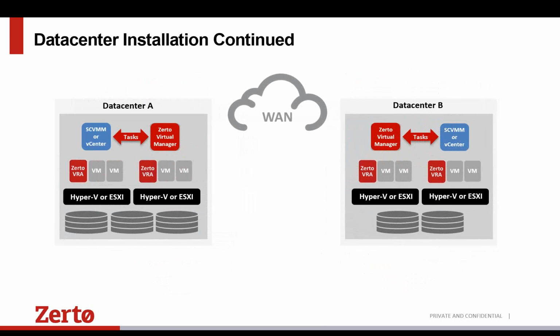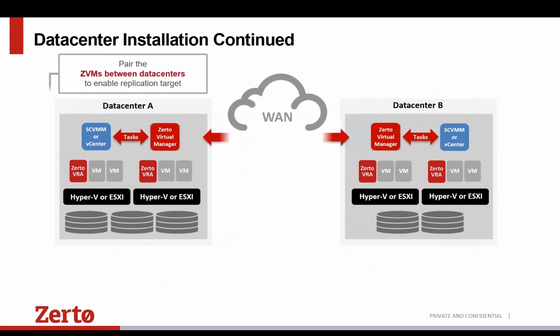Once you've installed the Zerto managers and deployed your replication appliances, the next step is to pair the Zerto managers together, which then share the management traffic and allow you to configure a replication target of the virtual machines between the sites.